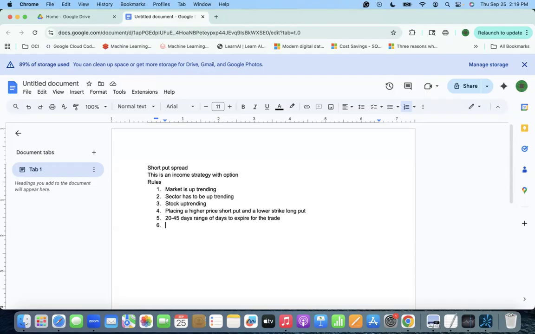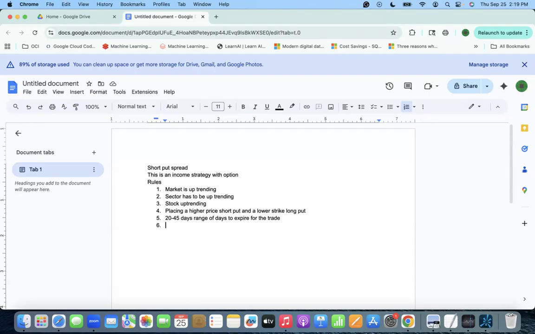If it goes down in a week or two, at least it has time to recover, and I have time to adjust if I have done something wrong, like choosing a wrong strike, or the stock is going down because of some market news or whatever happens to the company. I have time to react. It's not zero DTE, or finishing in a week where I don't have time to adjust and the loss is already written in stone, right? So I would like to get some time.